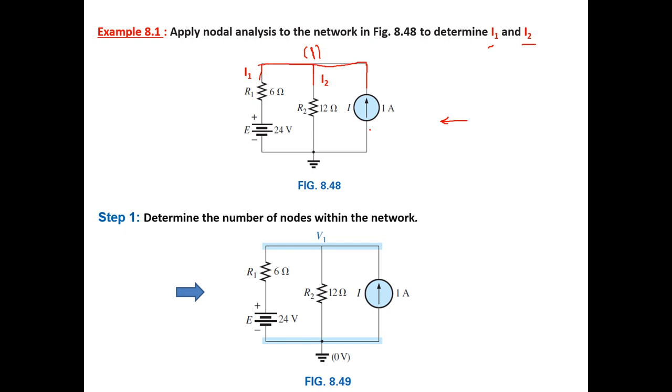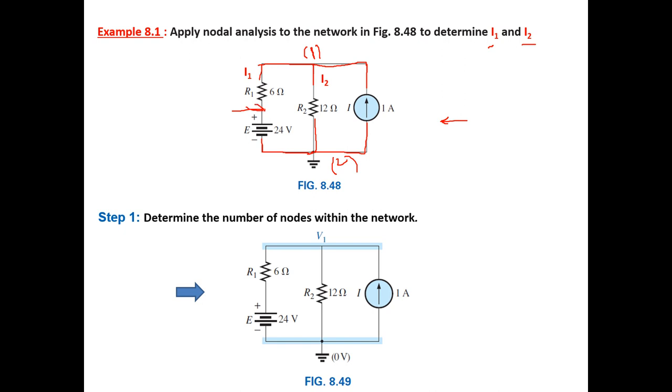Coming down here, this terminal from the source, another terminal from resistor number 2, and from the current source, form another node. So this is node number 2. Maybe you will say that this is also a node.